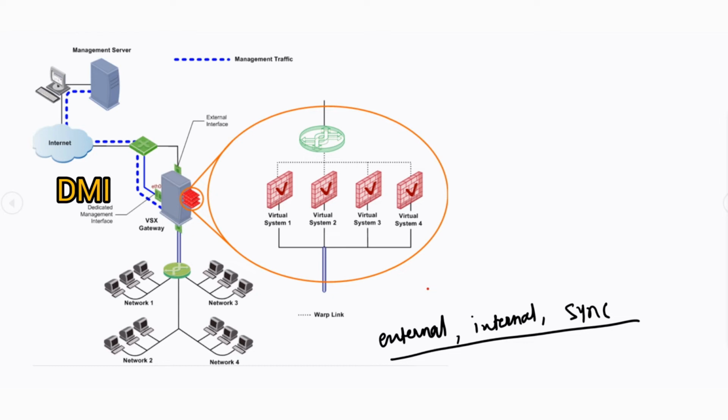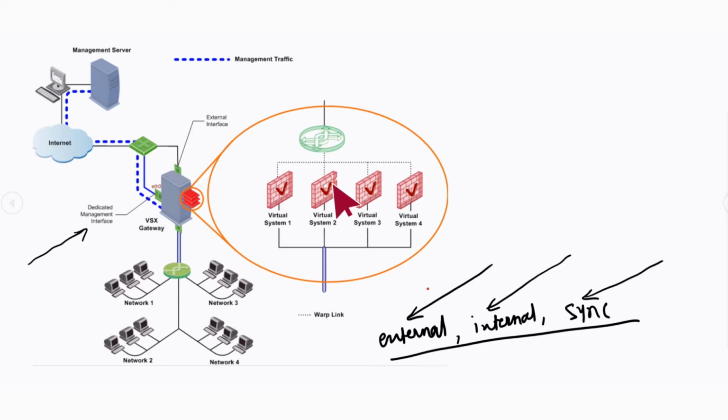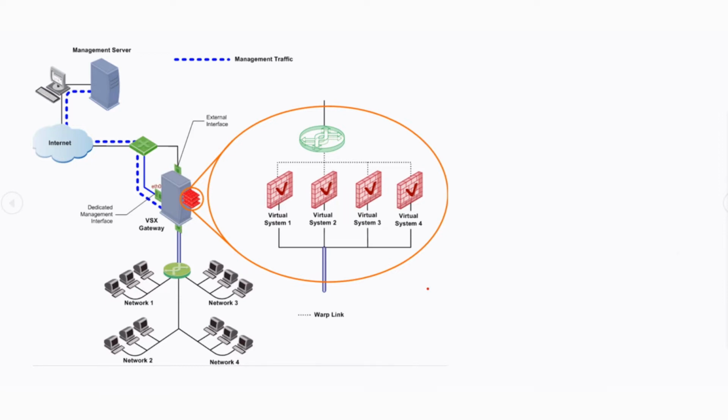The dedicated management interface is also a physical interface, but we already spoke about it, so we are not going into that. Through the external interface, communication happens to the outside world. The internal interface is what we connect to our internal network, and the sync interface we use for clustering purposes.